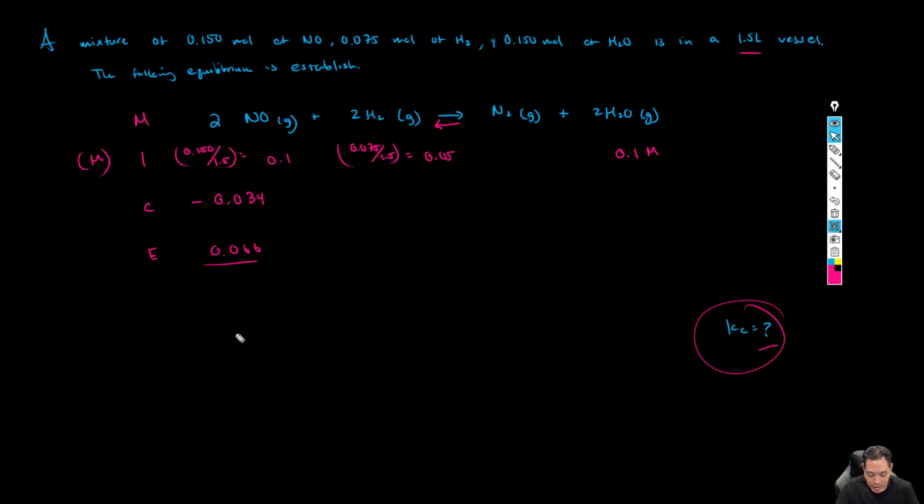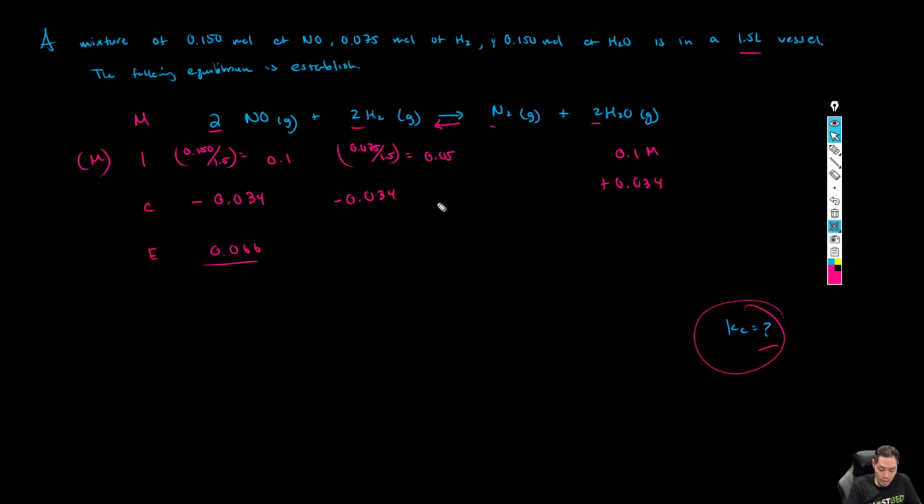Now remember, the ratio is 2 to 2 to 2 to 1. So if this is how much it lost, anything with the same coefficient we do the same thing, 0.034 plus 0.034. The only difference is if this is a one-part, the ratio is 1 over 2, so this will be divided by 2.